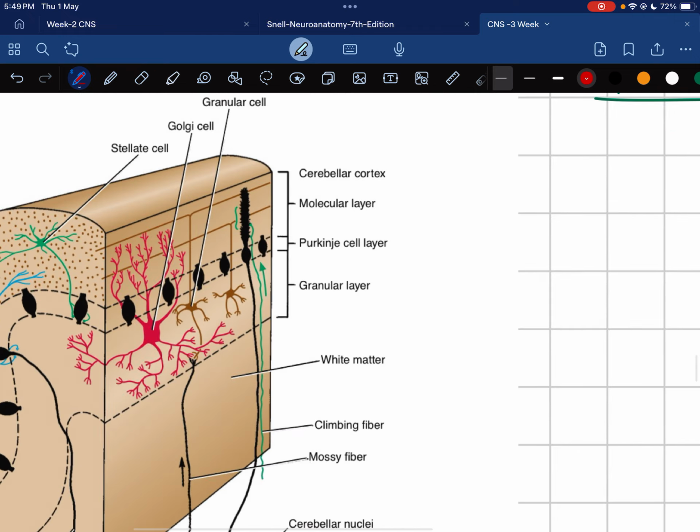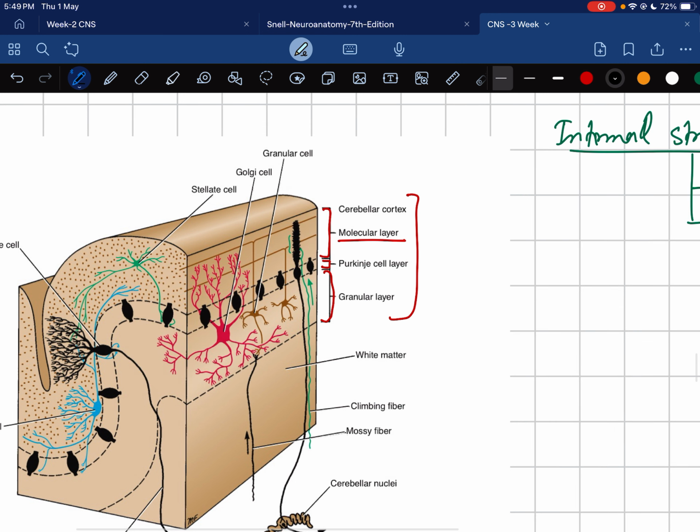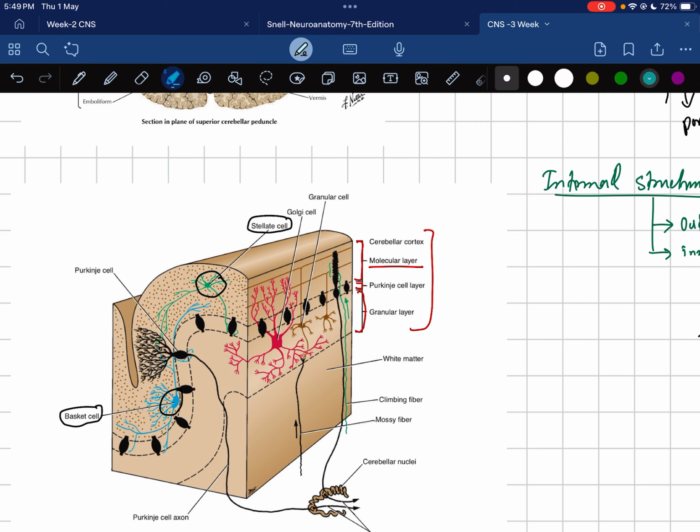It is the cerebellar cortex. This one is the molecular layer. After that, Purkinje, and then there is the granular layer. In the molecular region there are stellate cells and basket cells.